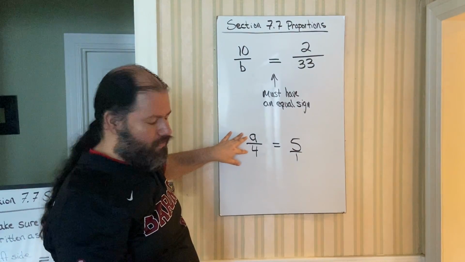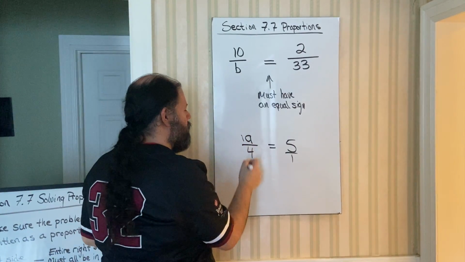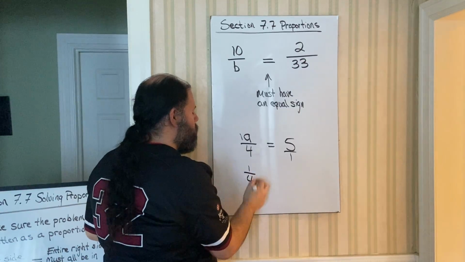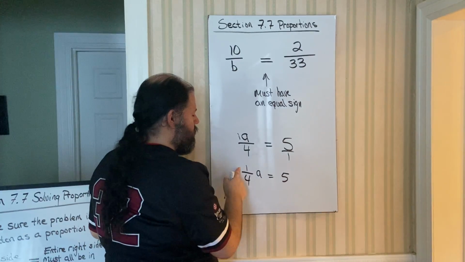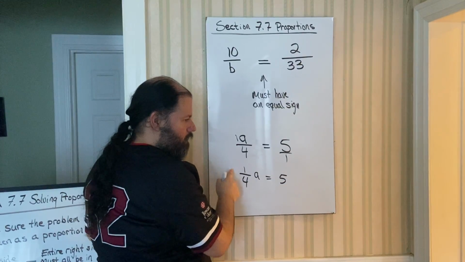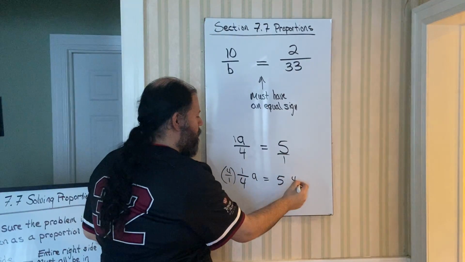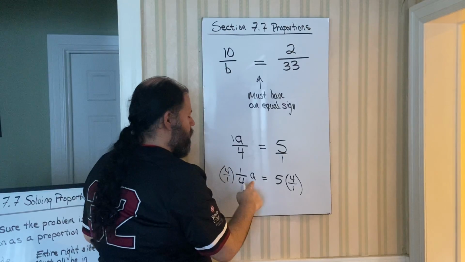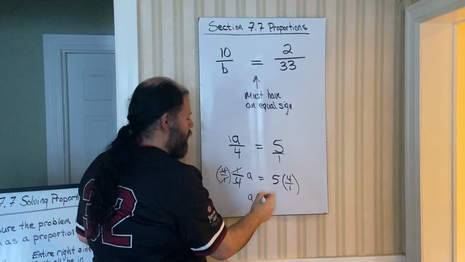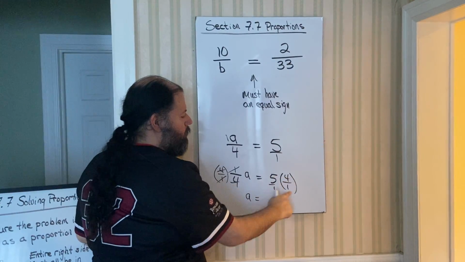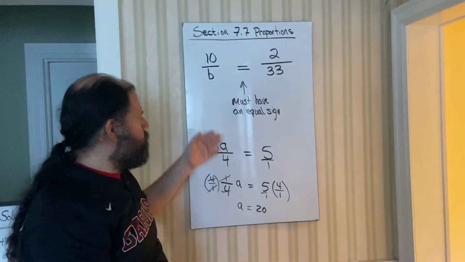You said that if you have this, you can put in a 1 on top, move the variable over, and then what we could have done is just do the reciprocal, which instead of 1/4, we would do each side 4 over 1. And then our answer would be 4 cancels as 4, 1 cancels as 1, you get a equals 20 over 1, or just 20.